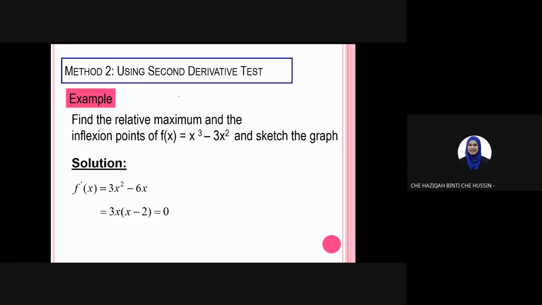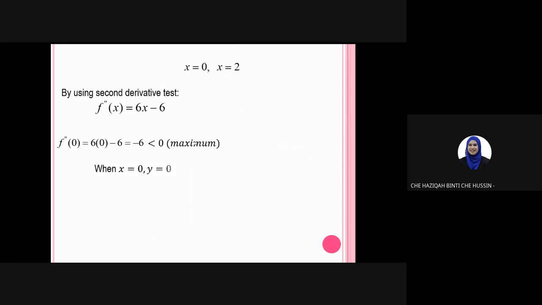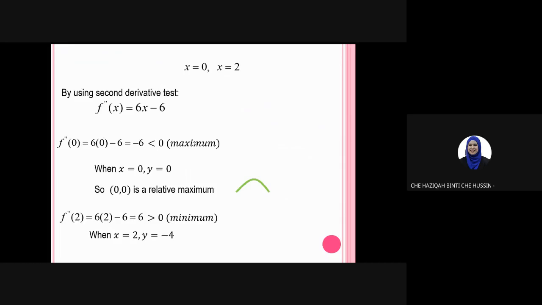Differentiate this one like before. Get x equal to 0 and 2 by using the second derivative test. Okay, like before, x = 0, y = 0. If f'' is less than 0, it will be maximum. And then greater than 0, it will be minimum.